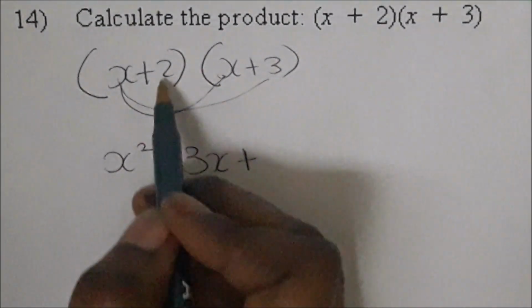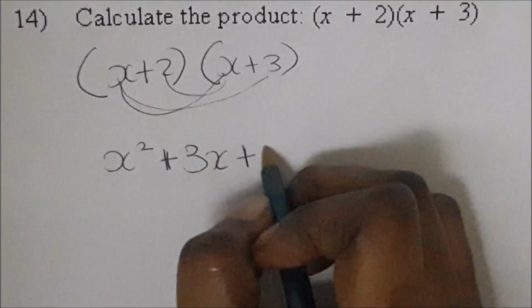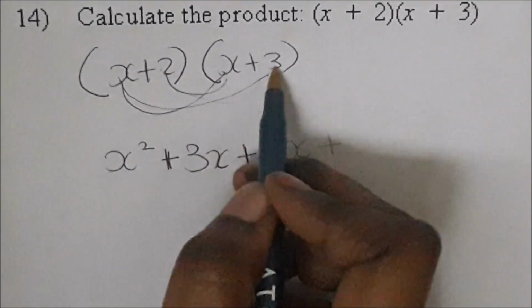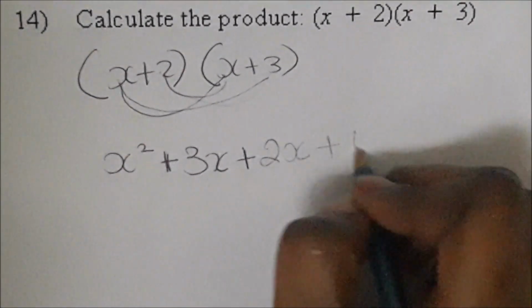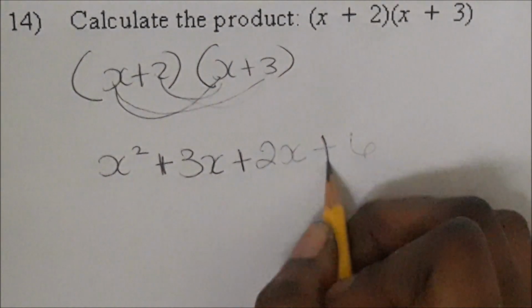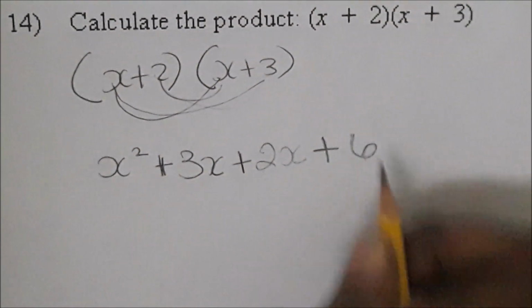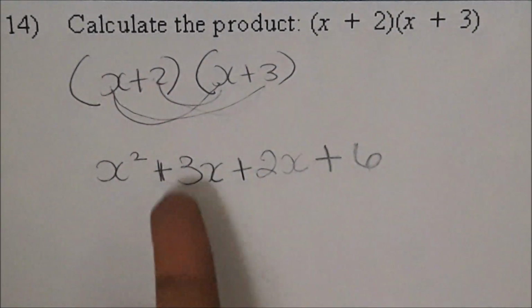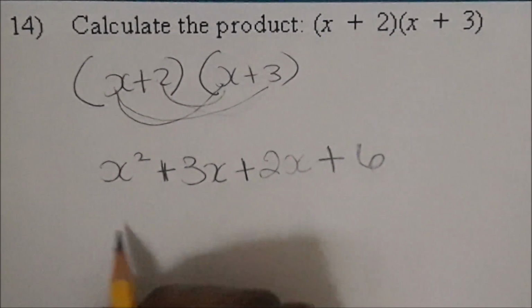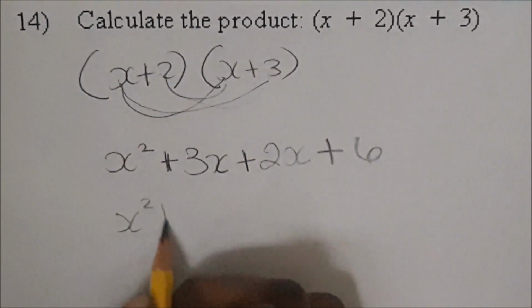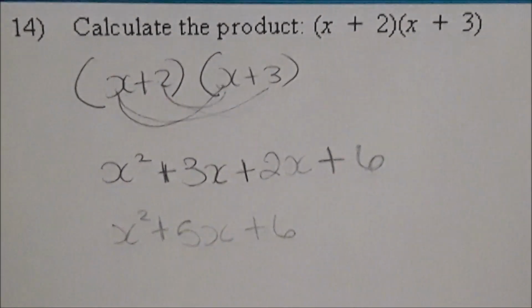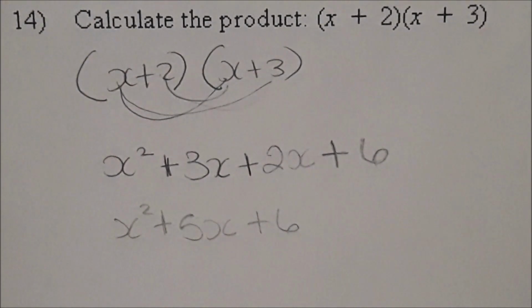Plus 2 times x is 2x, plus 2 times 3 is 6. Good. Now we can put the 3x plus 2x together because they are like terms. X squared plus 5x plus 6. Very good. That's your final answer.